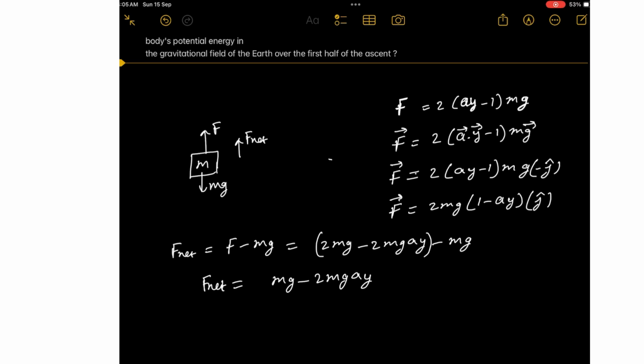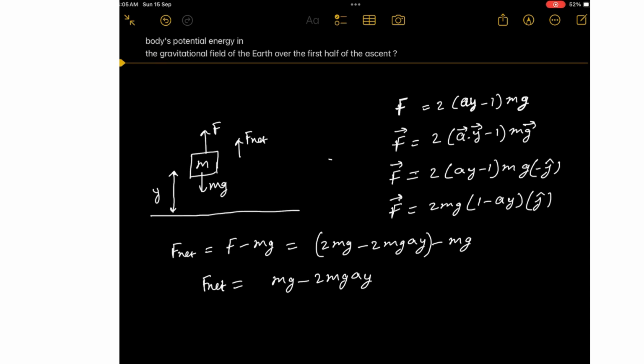So initially as y is 0, we can see here that net force will be mg, and as the body ascends up, let's say this was ground level and this is y height from ground, this net force is decreasing. At some point this net force will be 0.